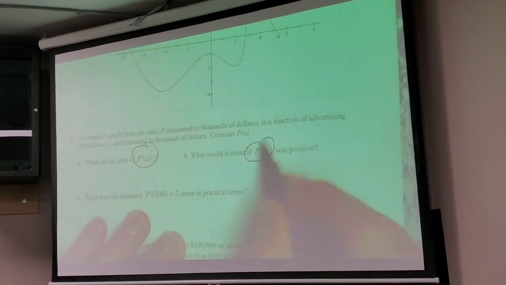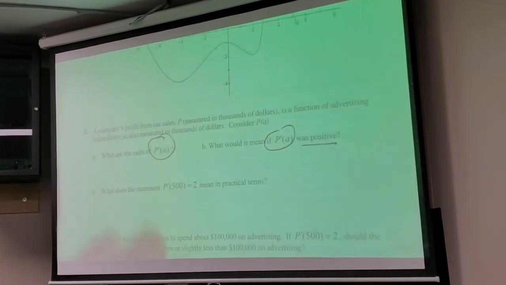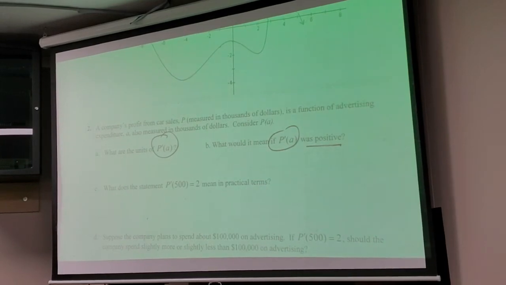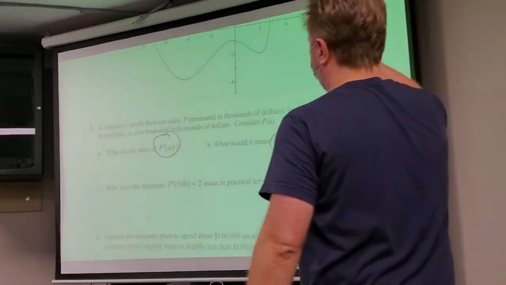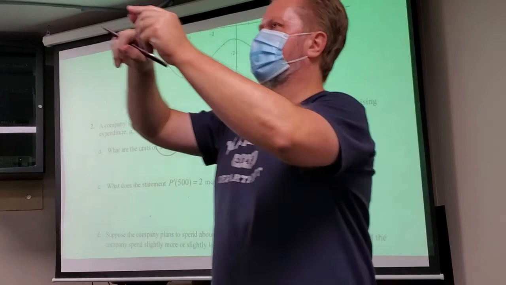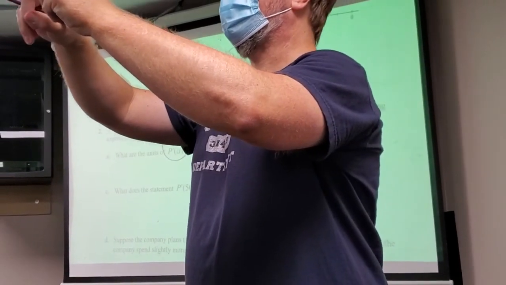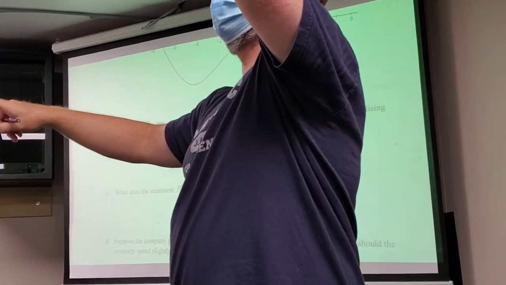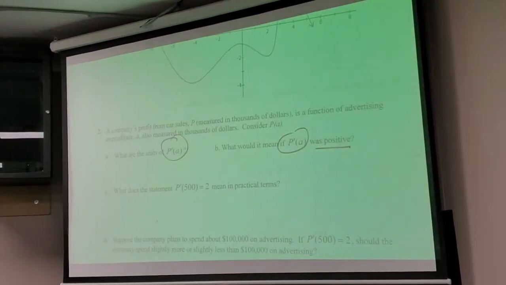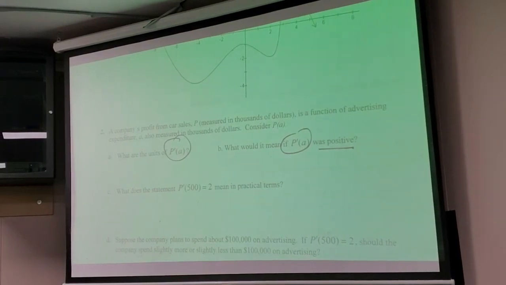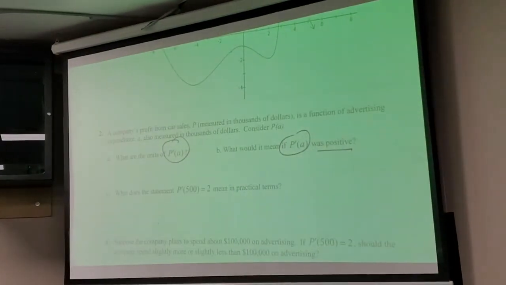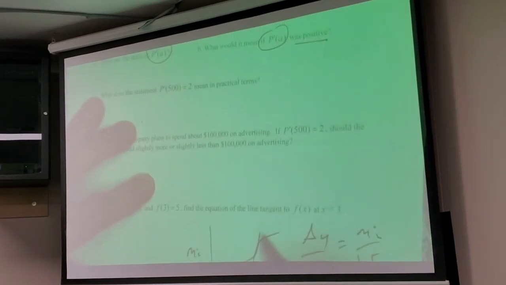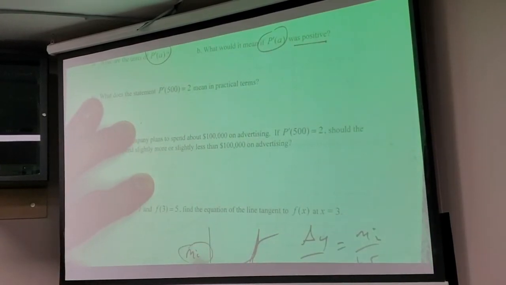What if P prime was positive? What does that mean? If I had hours and miles, and my derivative was positive, what does that mean? Am I getting closer or further away? Further away. Yeah, I'm going away, right? So if my slope is positive, I'm racking up more of this for every one of those.